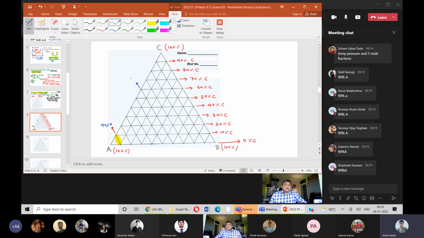So everybody understands? Yeah, so all of you, Sahil, Varun, Rishi, Tanmay, Samira, Shashank, all of you are right. So please check if this makes sense, that this is 40% A. Everybody understands that this particular line, what I have identified here, is actually the 40% A line.